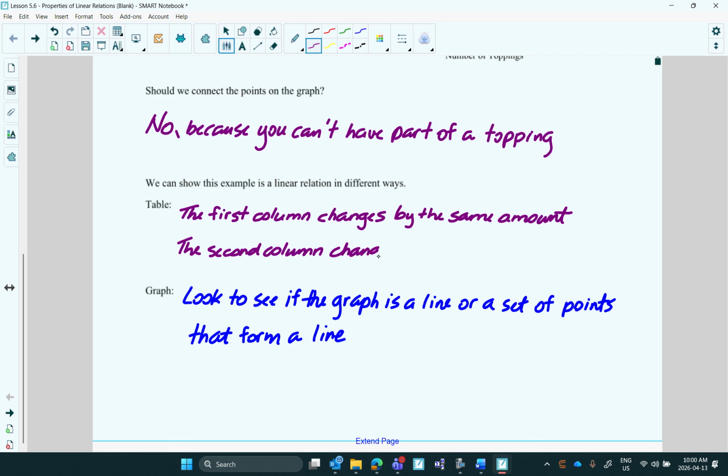In this case, it's 75 cents, or 0.75. So that's how you tell if a table is linear. Okay.